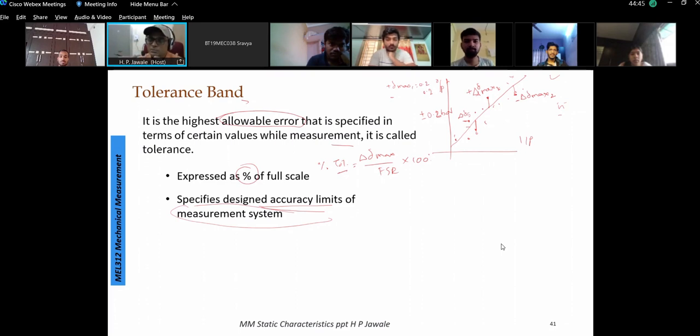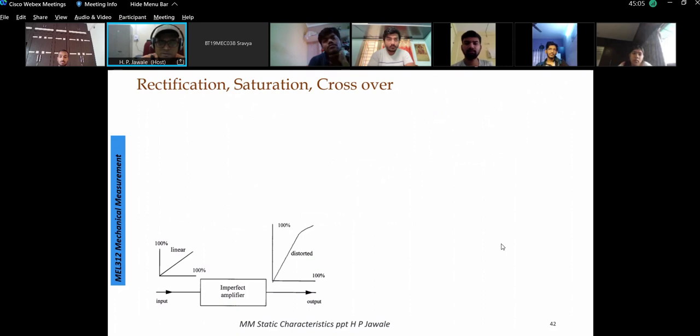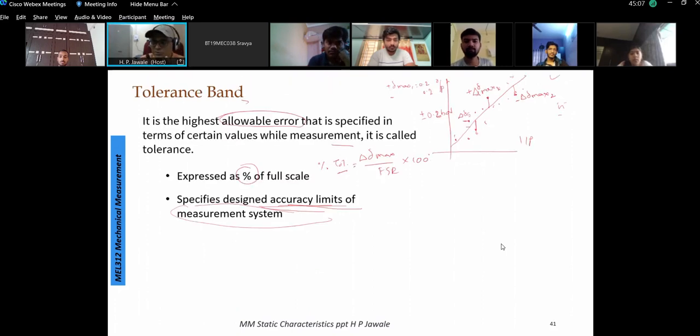Now, what is the maximum extent of inaccuracy that can be present, or within which the instrument is accurate? That is what I have found out in terms of plus del max and minus del max. And then I express that in terms of the percentage of full scale reading. So the tolerance band is nothing but one that specifies the accuracy limits of the instrument or the measurement system, right? Anything that is not clear at this point?